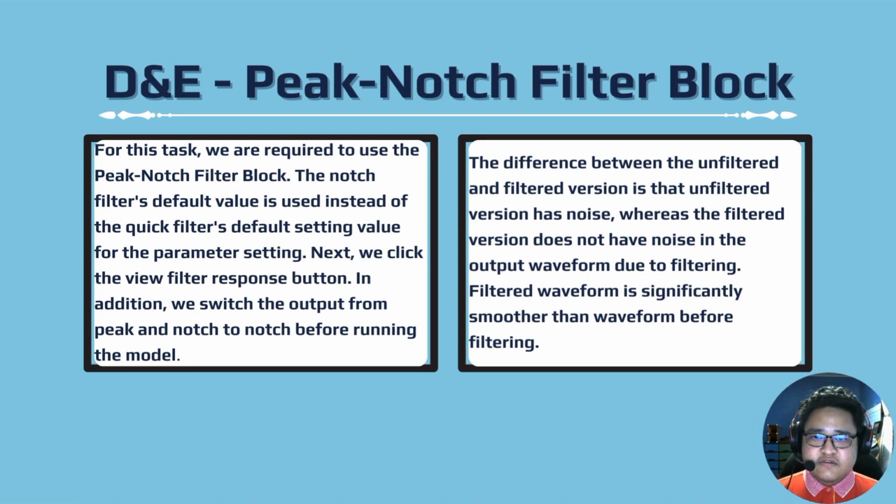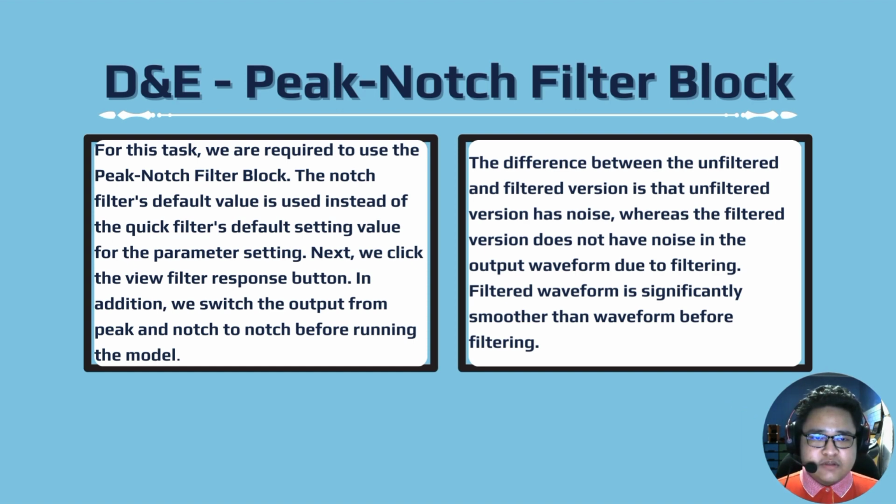For this task, we are required to use the peak notch filter block. The notch filter's default values are used instead of the Biquad filter's default setting values for the parameter settings. Next, we click the View Filter Response button. In addition, we switch the output from peak and notch to notch before running the model.